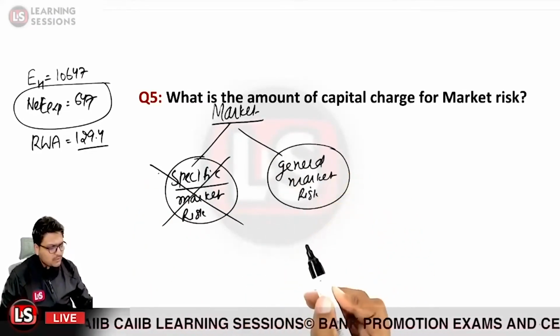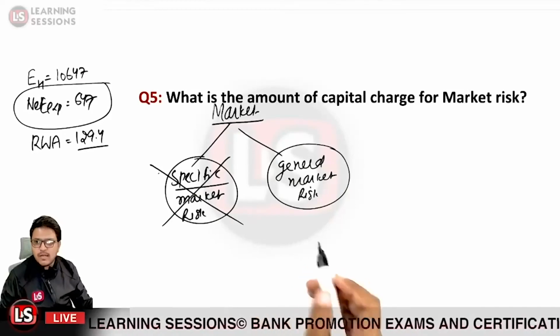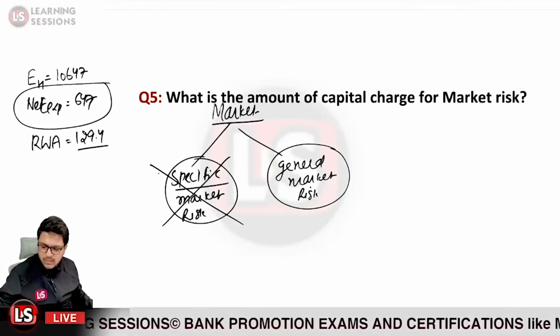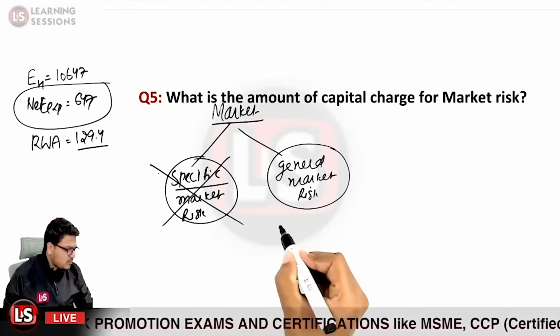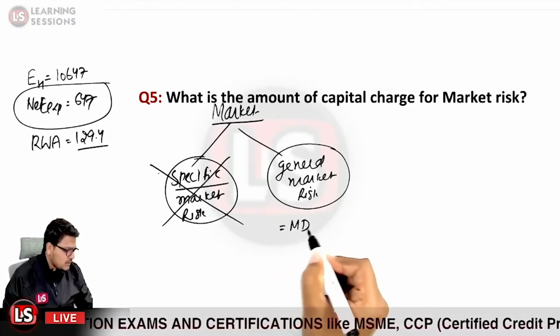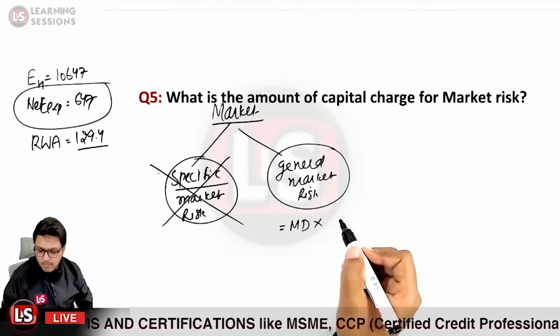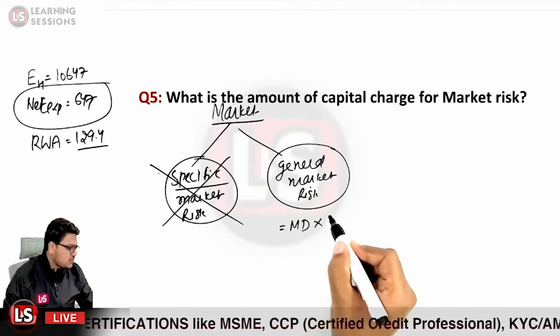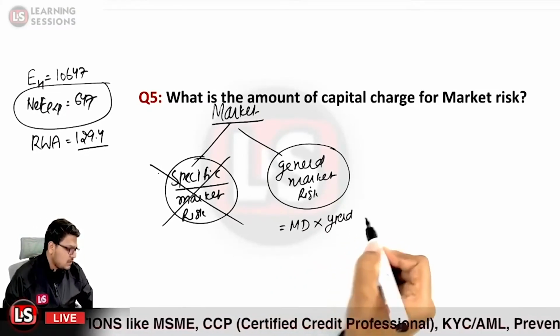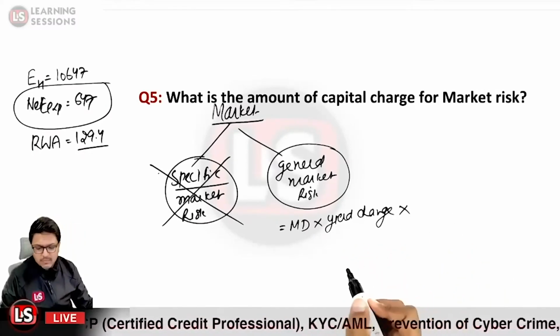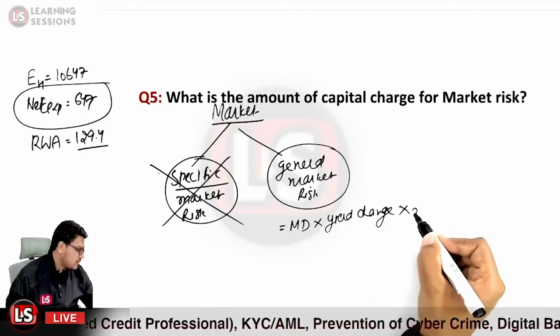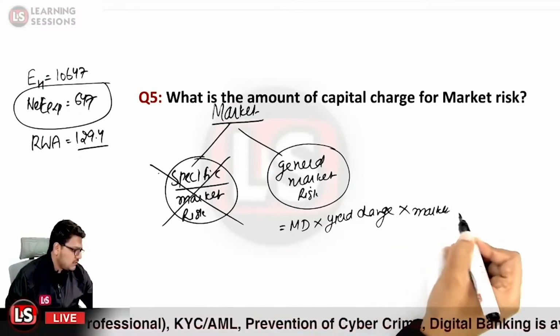And further, if we want to calculate the general market risk, the formula is equal to the modified duration multiplied by the yield change, multiplied by the market value of the security.